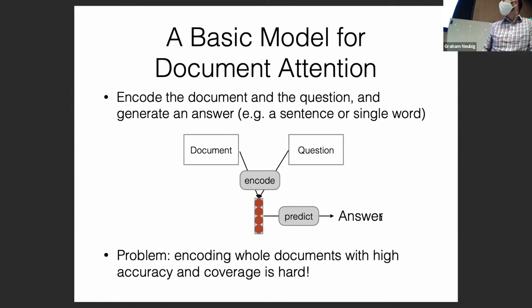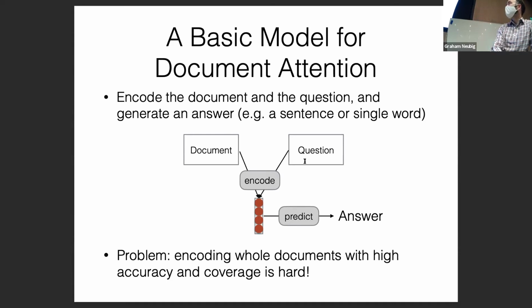But the problem is encoding whole documents with high accuracy and coverage is hard. And it's particularly hard if we don't know the question in the first place. So one really important thing to know about these machine reading QA style tasks, text-based QA style tasks, is it's very common to encode the document and the question at the same time, as opposed to encoding the document and encoding the question, and then trying to do some sort of matching between them.